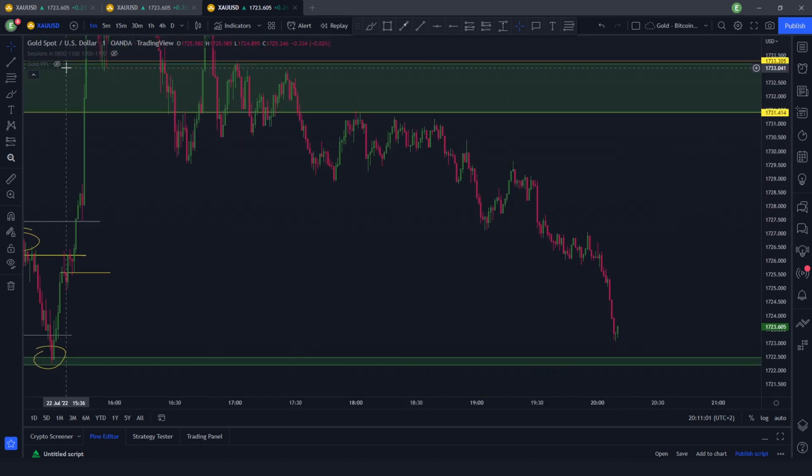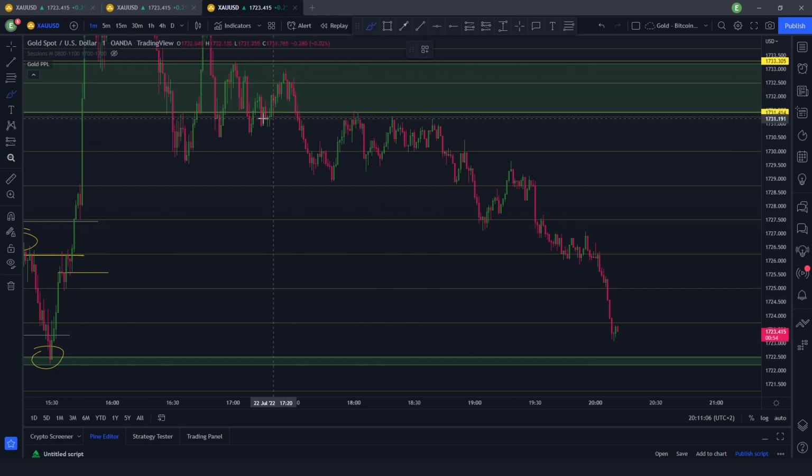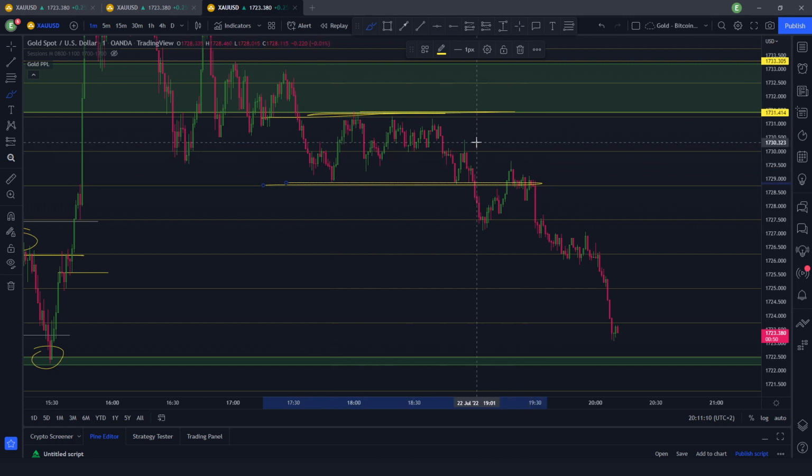Okay, so what happened was price kept its head below the supply area. When it broke below these lows, first it retraced there, then it showed weakness over there, then closed below these previous lows, retraced, pullback.